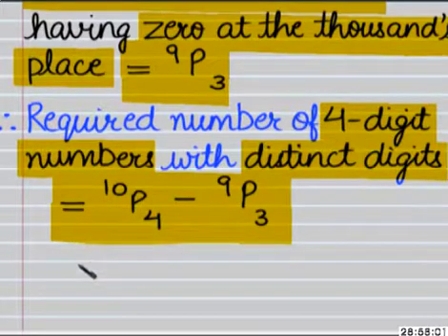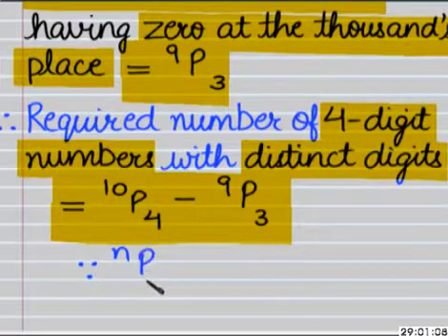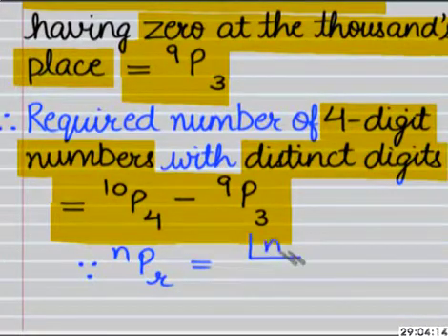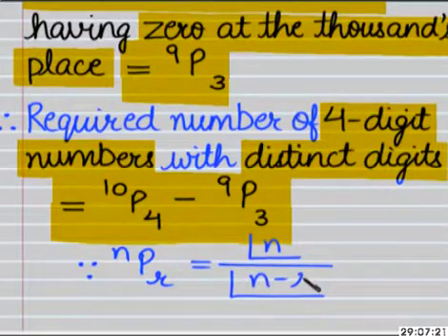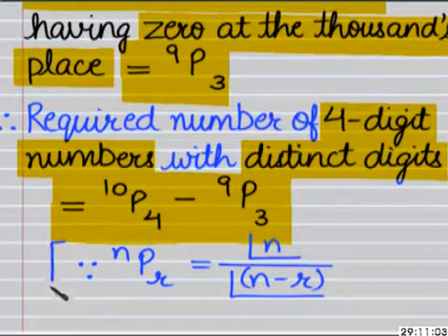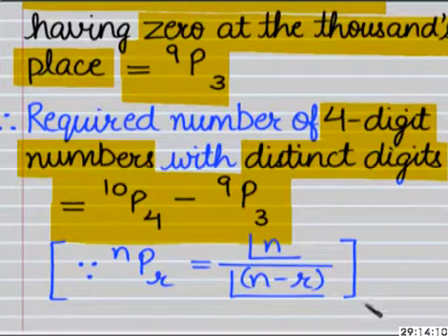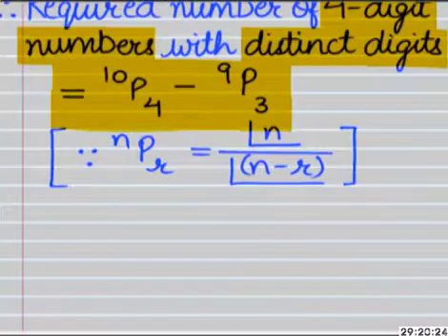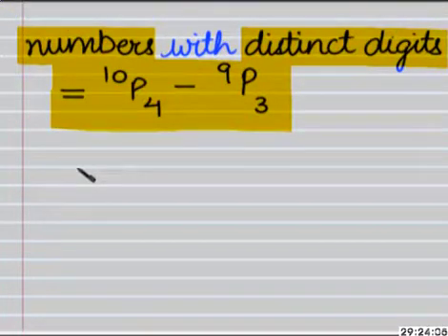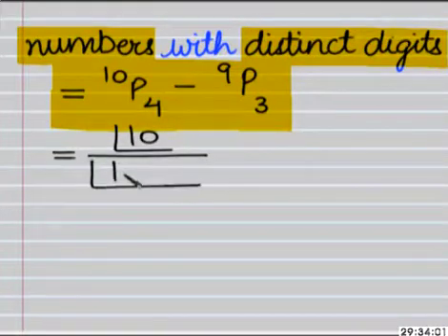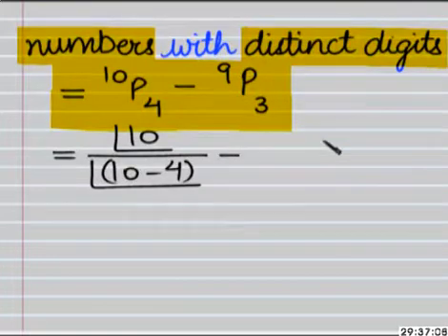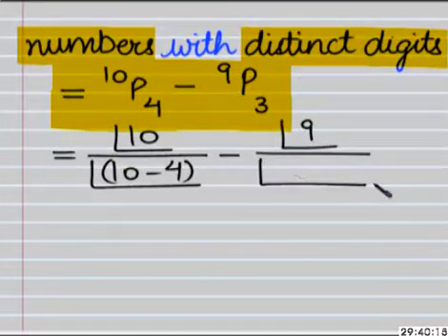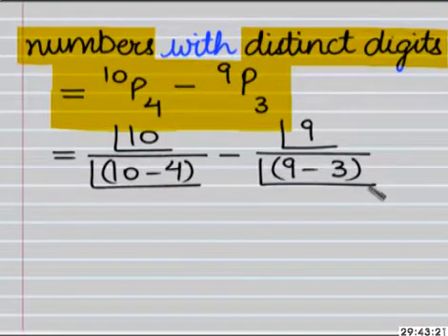Now, as we know that nPr is equal to n factorial upon n minus r whole factorial, using this result here, we get required number of 4-digit numbers with distinct digits is equal to 10 factorial upon 10 minus 4 whole factorial minus 9 factorial upon 9 minus 3 whole factorial.